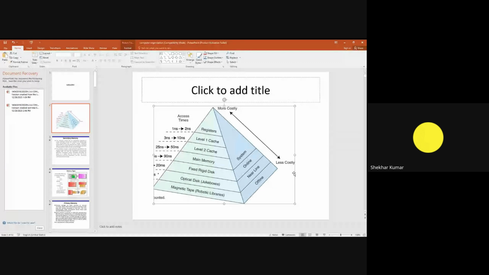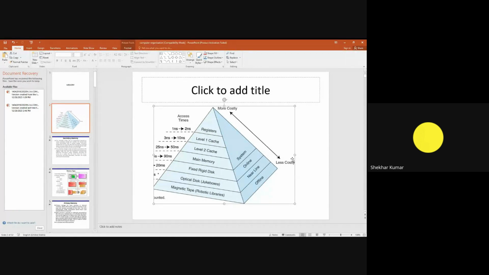So the rate of accessing the data from the memory is also not similar in all types of memory. Some have faster access time, some have slower access time.